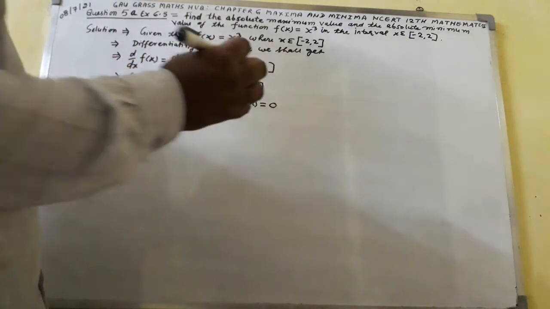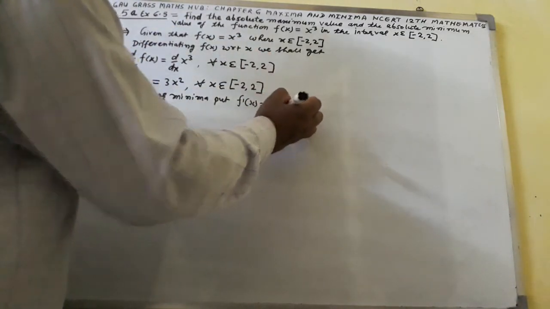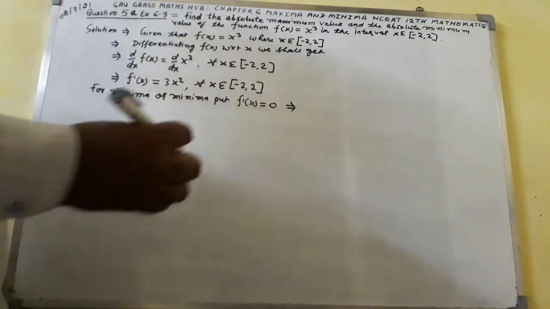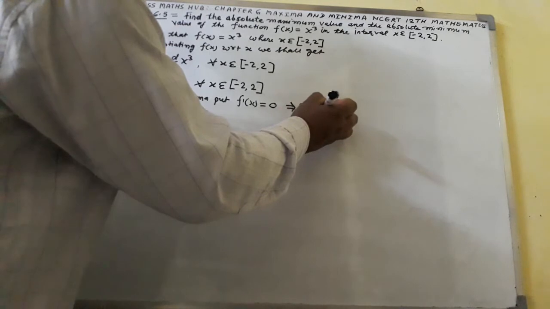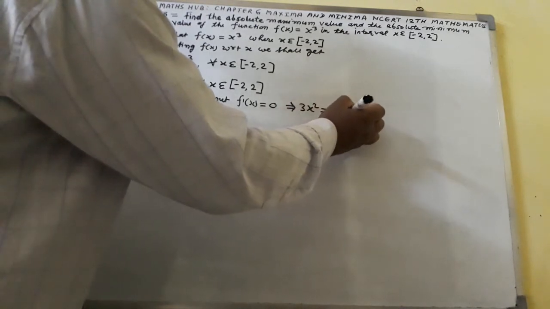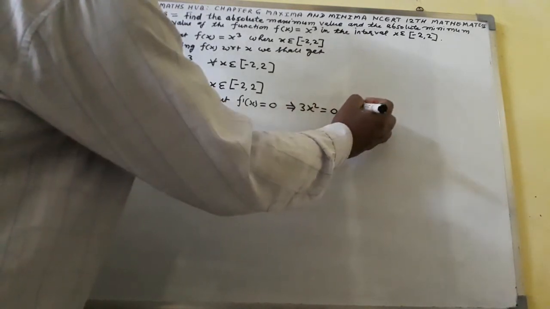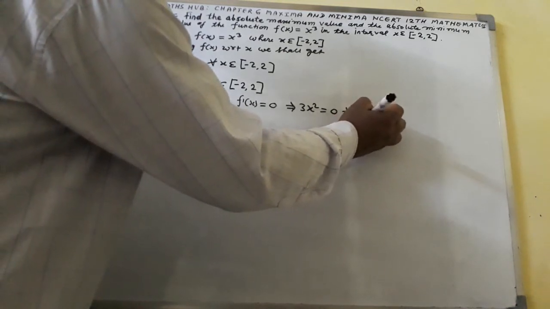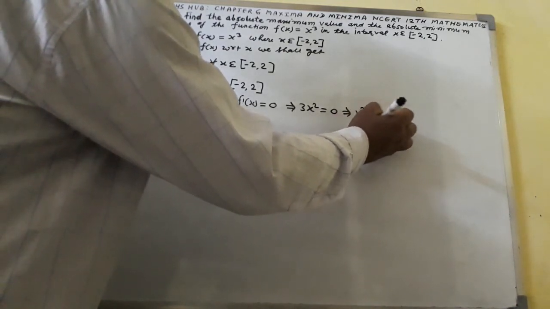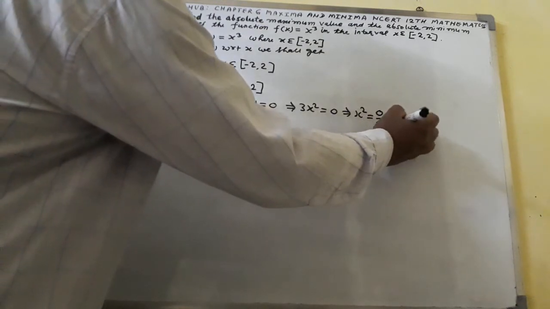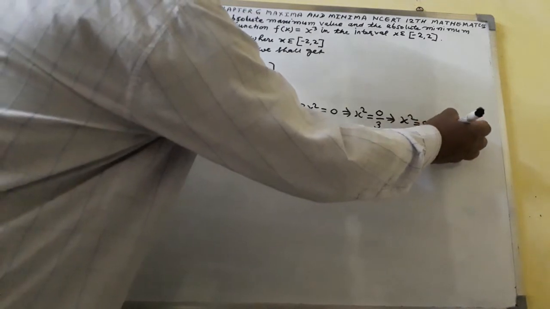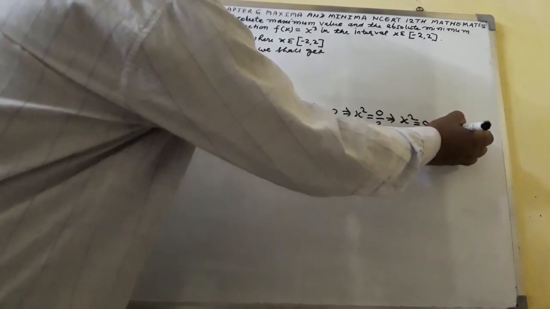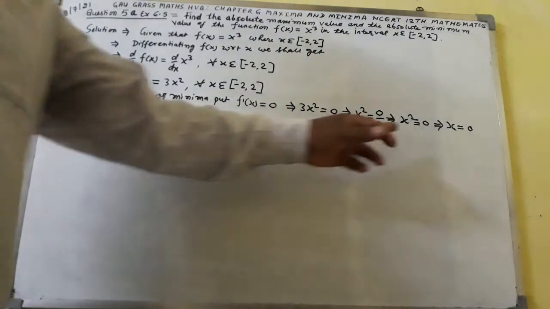So here we shall get, implies that, 3x square equal to 0, implies that x square equal to 0 over 3, implies that x square equal to 0, implies that x equal to 0. The value of x we have got is 0.